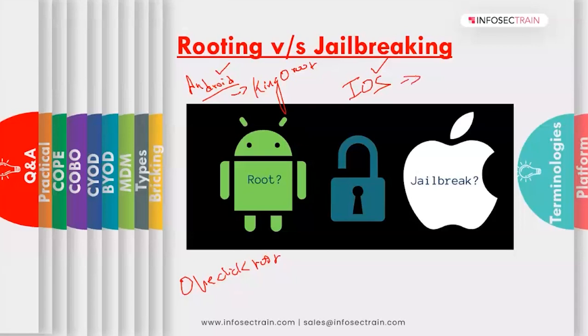For iOS jailbreaking, you will find a website, Unc0ver, right? It's not O, it's zero, right? So there is Unc0ver plus plus, which will help you in jailbreaking your iOS. Unc0ver Plus Plus will download a software, Cydia, on your mobile phone.